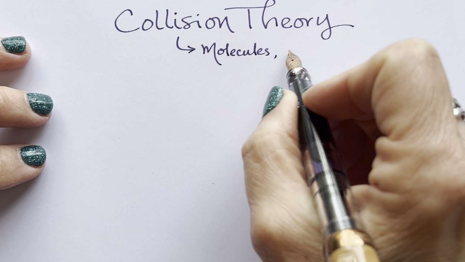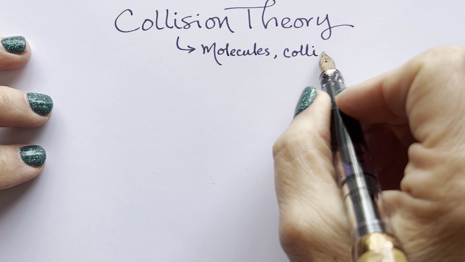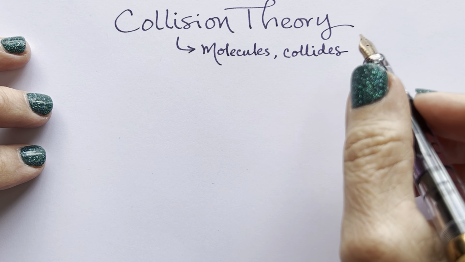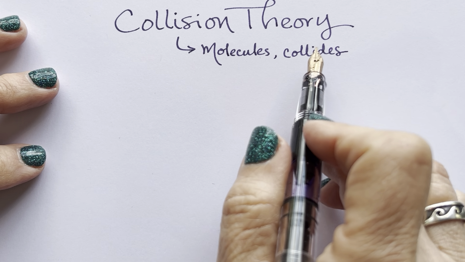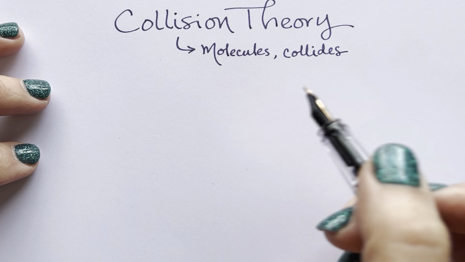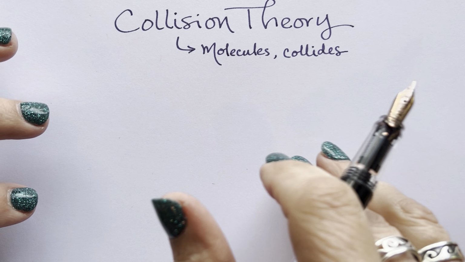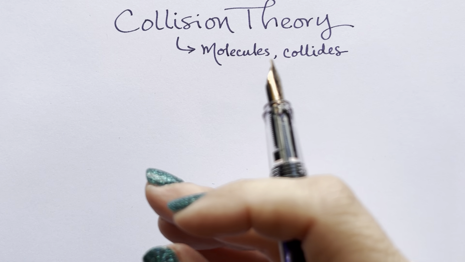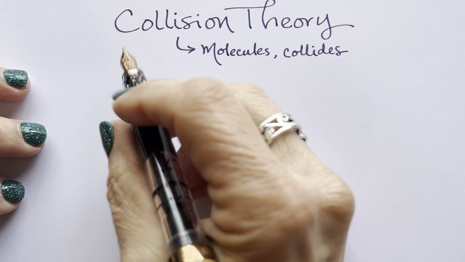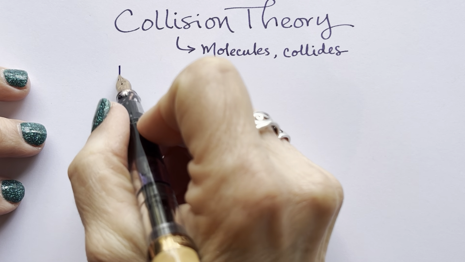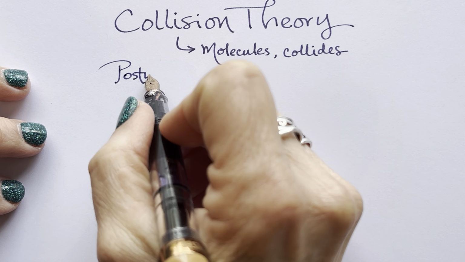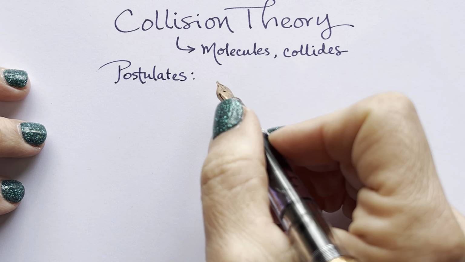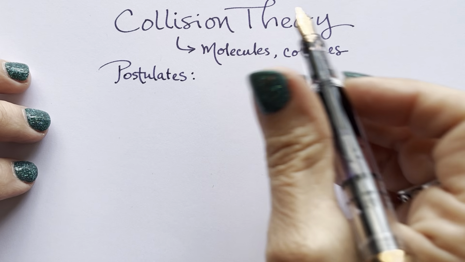Now, sometimes it's a molecule breaking apart, not colliding. But collision theory is the term that is used for this whole idea that is more of a conceptual approach to how molecules are coming together and reacting. Okay, so the postulates. We'll talk about these and then we'll look at the Arrhenius equation and do some calculations.